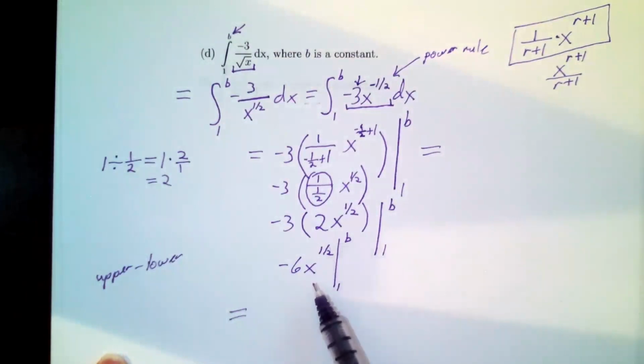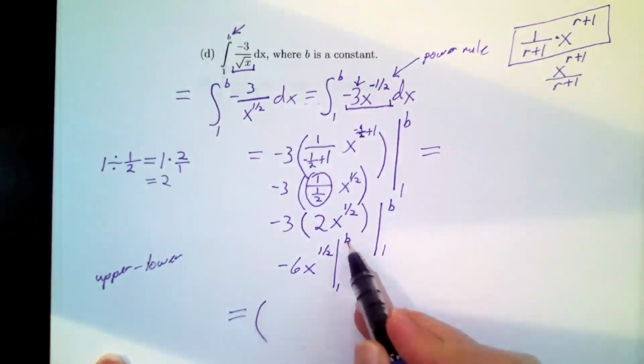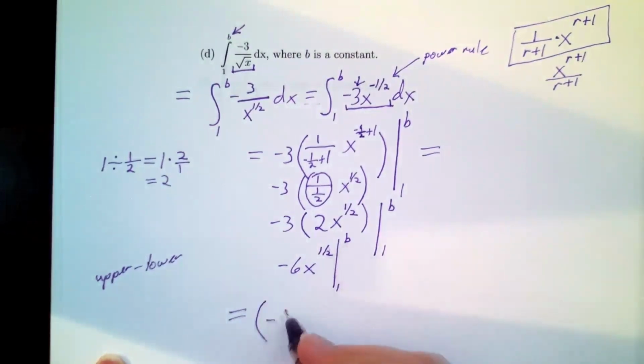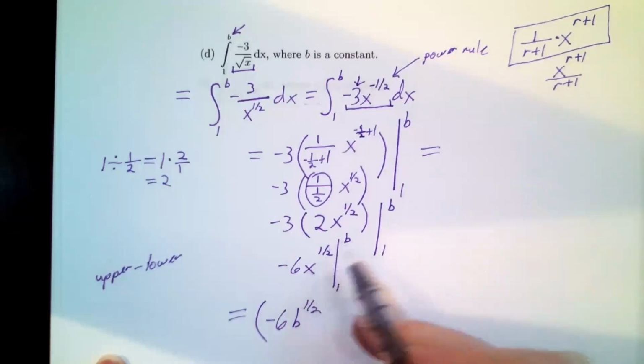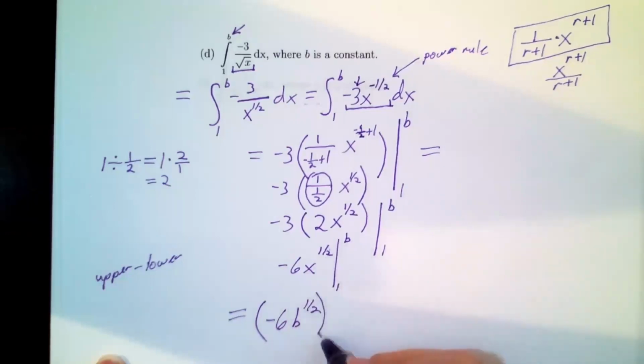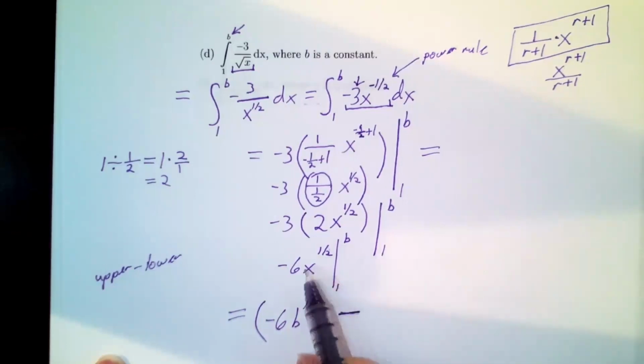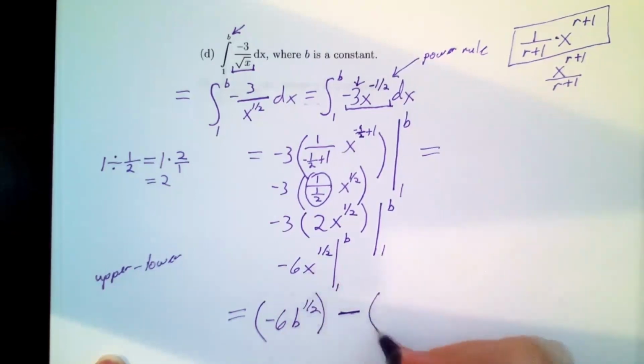Let's pretend it's a number and nothing's wrong. Plug in the upper number, b, and we go, okay, -6b to the 1/2. Since we don't know what b is, we just have to leave it like that. You plug b in for x, and there you go. Upper bound minus lower bound. Plug in the lower number into this whole thing.